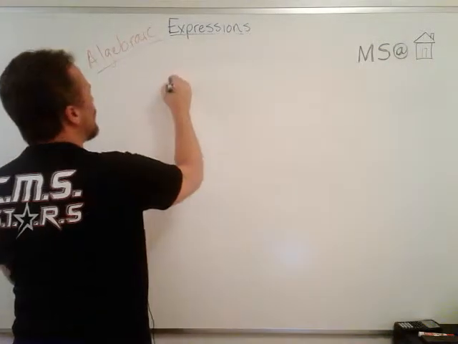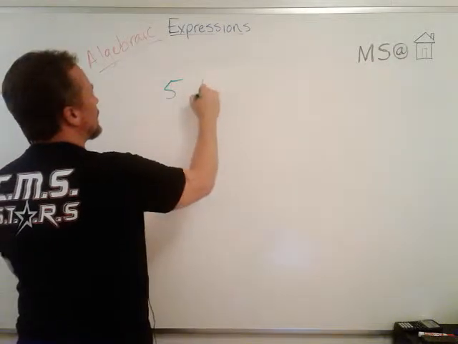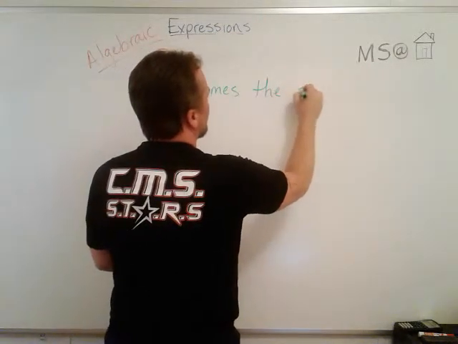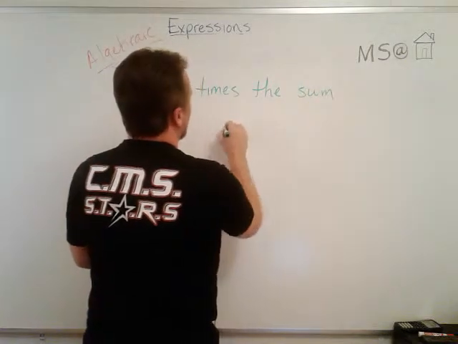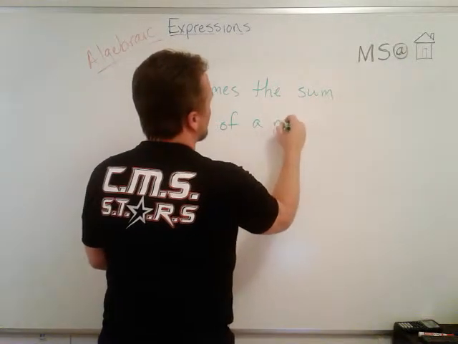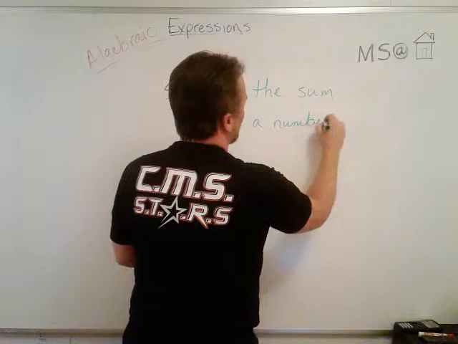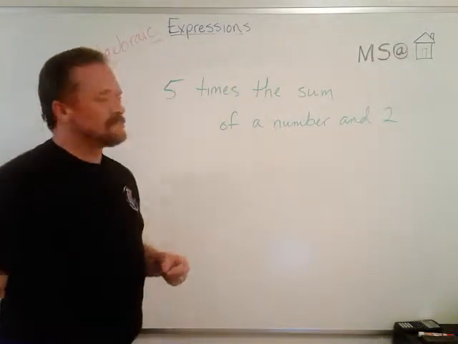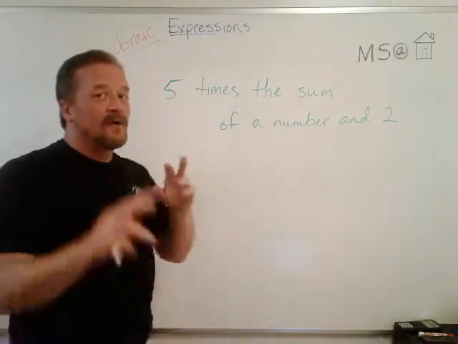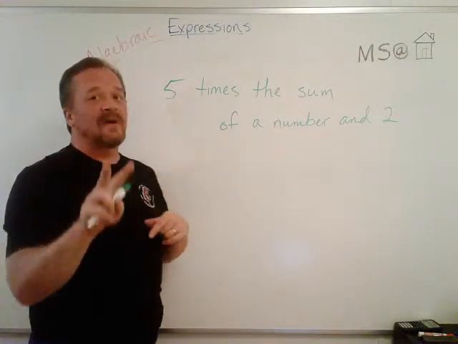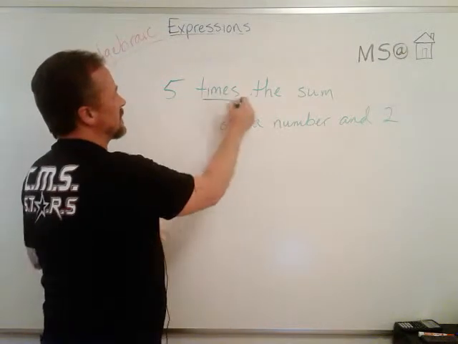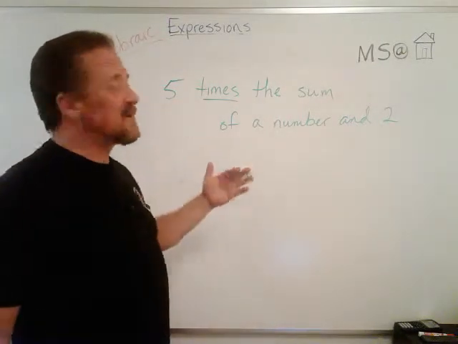I want to know, what is 5 times the sum of a number and 2? This time I have two operations. Can you see that? Here's a keyword that tells me to do multiplication.